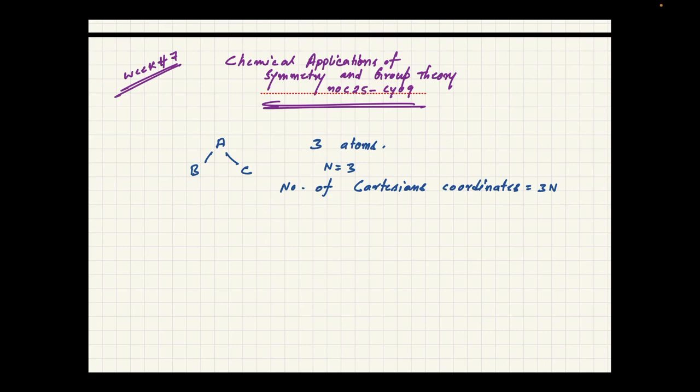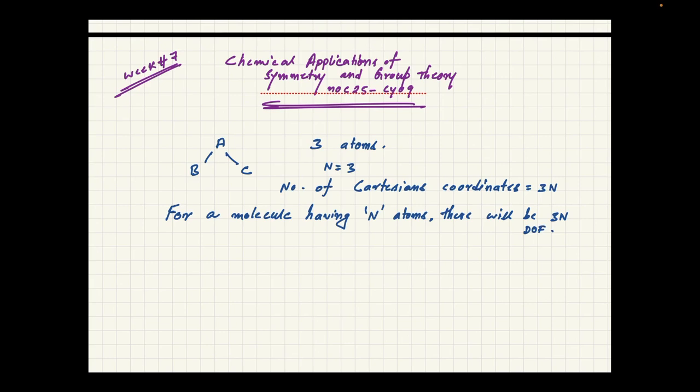Now for the 3n Cartesian coordinates, the number of degrees of freedom will be 3n. For a molecule consisting of n atoms, there will be 3n degrees of freedom.